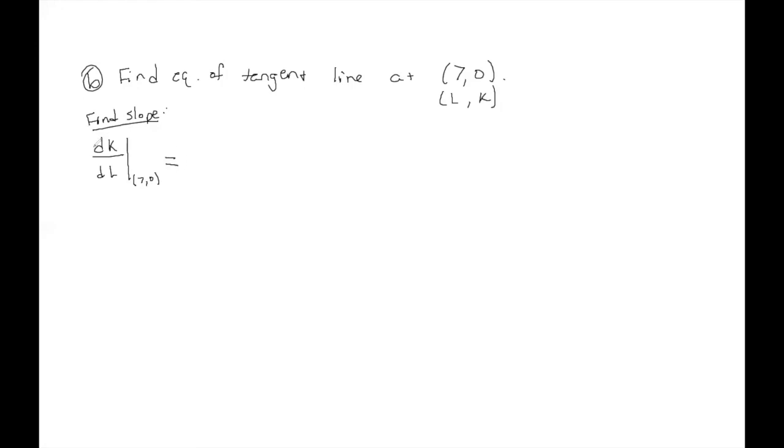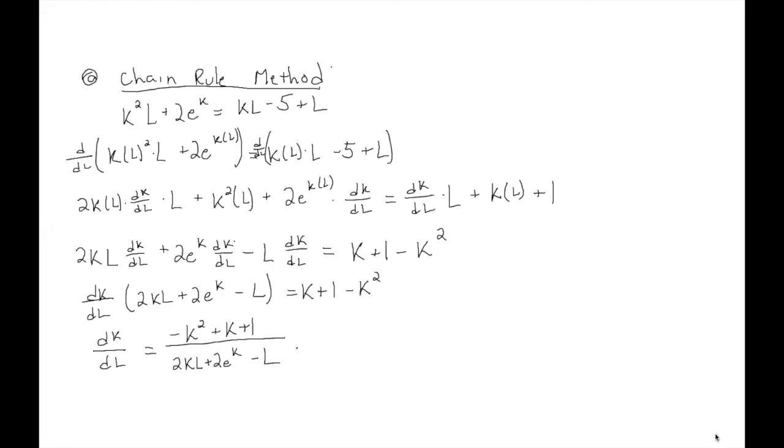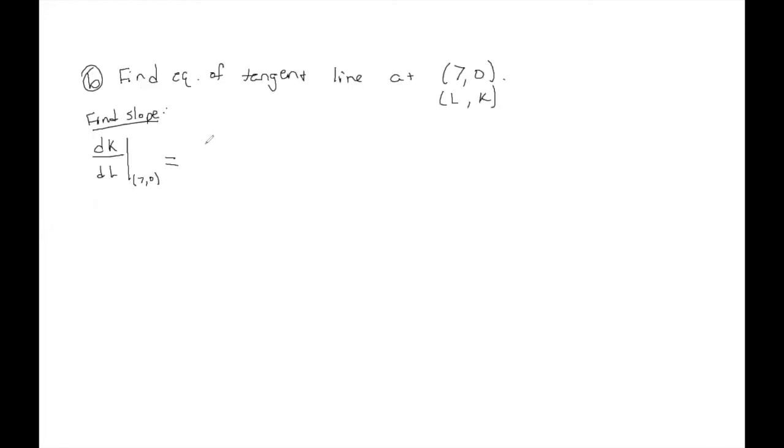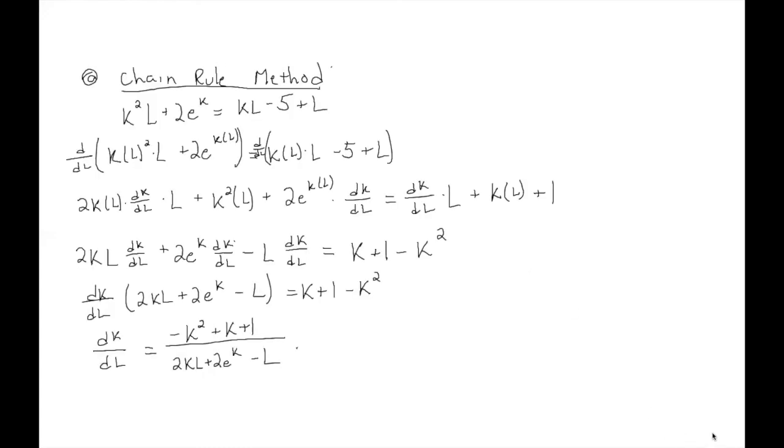So this just means take a derivative, plug in 7 for L, plug in 0 for K. That's all that means. Okay, so let's return and find out what our derivative was. Negative k squared plus k plus 1. So it's negative 0 squared plus 0 plus 1, just plugging in for k. Remember, k is equal to 0 here.